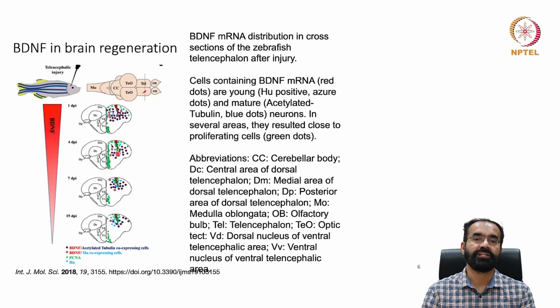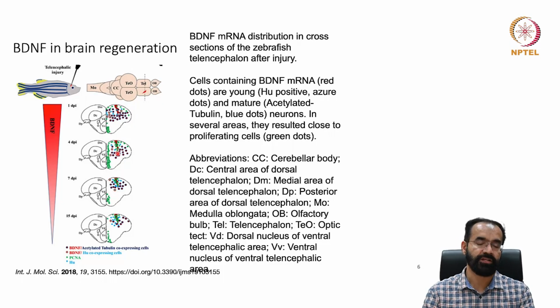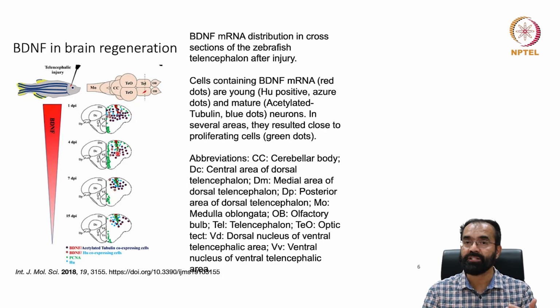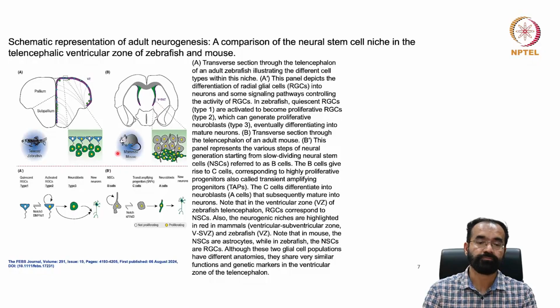So the take home message from this picture is the expression of BDNF is very high soon after injury, and as the regeneration gets completed, the BDNF level goes down and down, but the expression of BDNF is associated with the proliferation and also newly formed neurons. So these things tell you that BDNF is a pro-regenerative or pro-proliferative marker. And if you get rid of BDNF, you do not get normal regeneration.